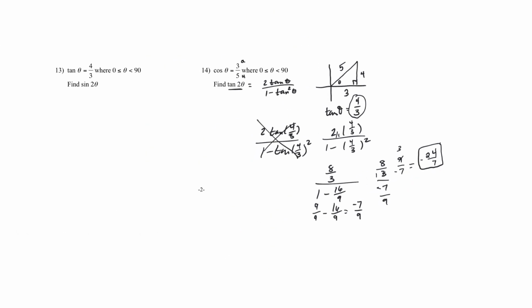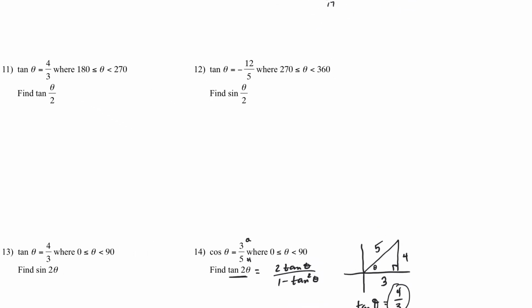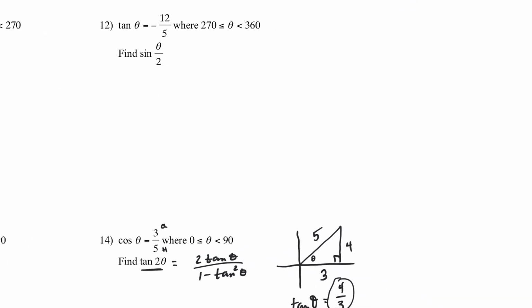Does that make sense? Okay, we are going to work on number 12. The formula for sine of half theta, or theta over 2, is plus or minus the square root of (1 minus the cosine theta) over 2.